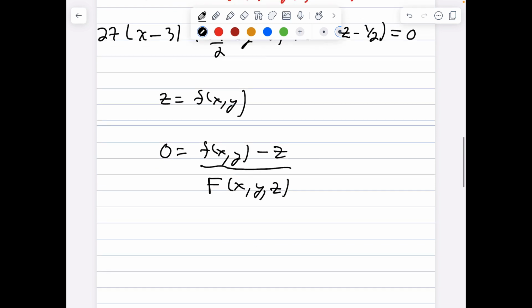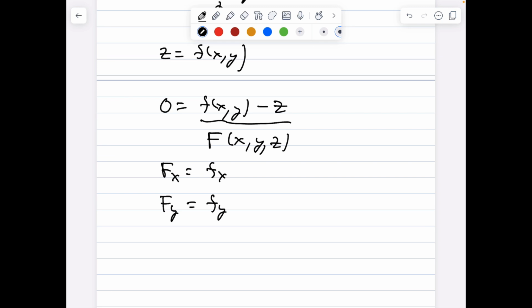The only thing to note here is that Fx would be the partial derivative of little f with respect to x, capital Fy would be little fy, and then finally capital Fz would be negative 1. And you would plug in your points in there and get the same result. You can use the same equation, so this equation is kind of multifaceted in that sense.